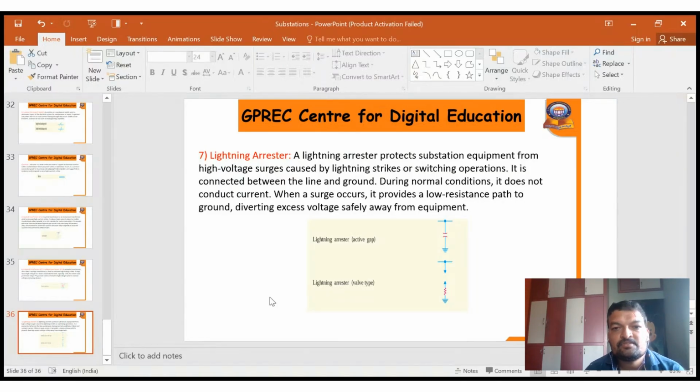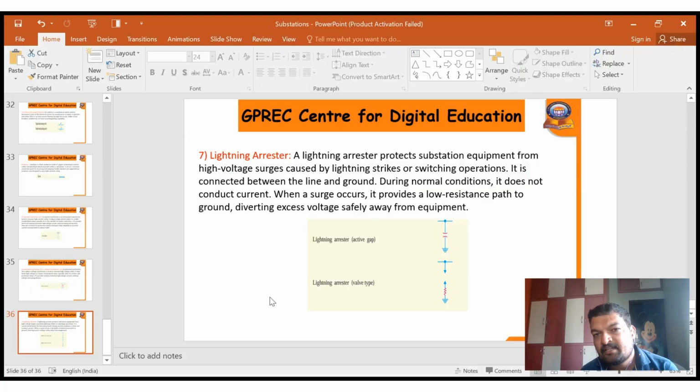Next, the last one we are using is the lightning arrestor. We know that air insulated substations are directly exposed to the atmosphere and the environment. So if lightning occurs, it may cause damage to the equipment. A lightning arrestor protects substation equipment from high voltage surges caused by lightning strokes or switching operations.